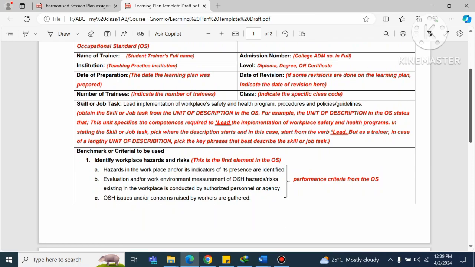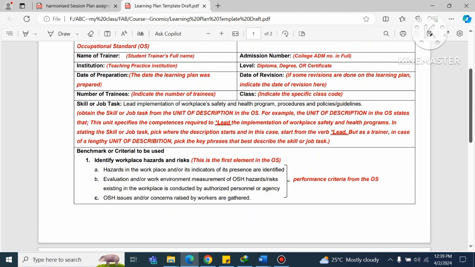Skill or job task. For this particular example it is lead implementation of workplace safety and health program, procedures, policies, guidelines. You find the skill or job task from the unit description in the OS. For example, the unit description in the OS states that this unit specifies the competence required to lead.